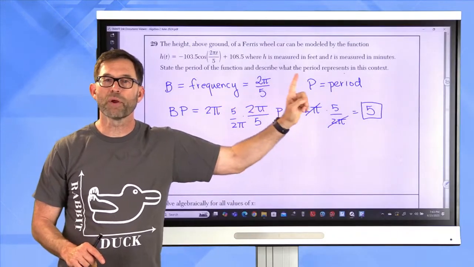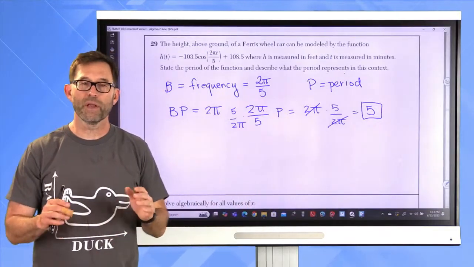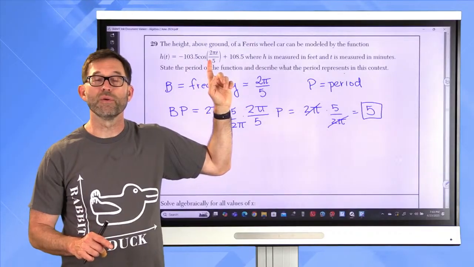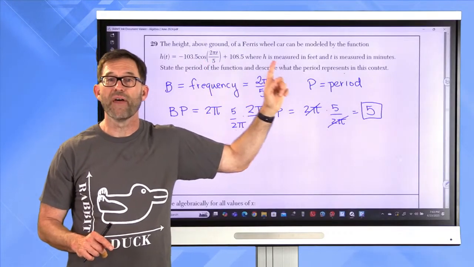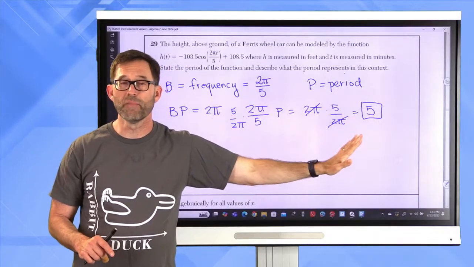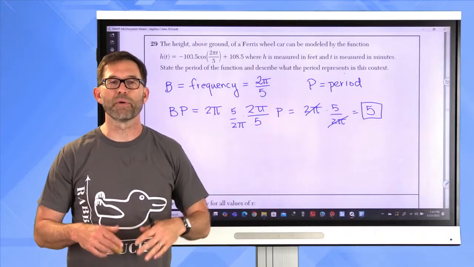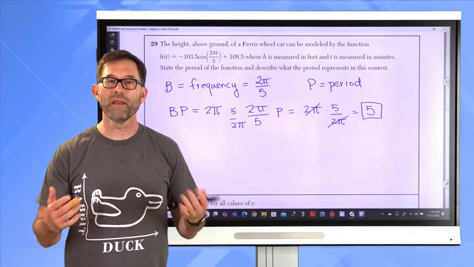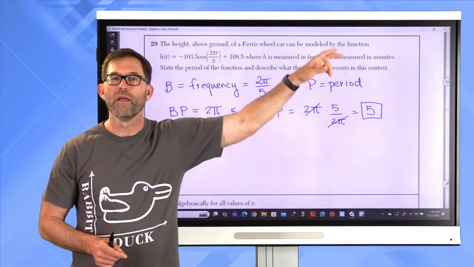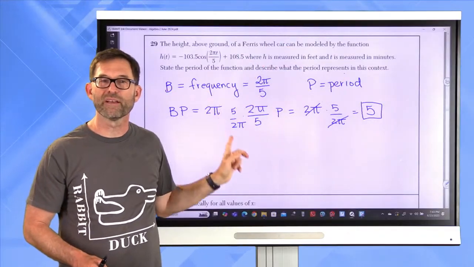Now describe what the period represents in this context, right? Well, the period always has the same units as whatever the units of the input variable is, and that is time measured in minutes. So the period is 5 minutes. But what is the period? The period is how long it takes for the periodic phenomenon to repeat itself. Now, what are we talking about here? We're talking about a Ferris wheel car that is moving around a Ferris wheel, right? And we're measuring its height.